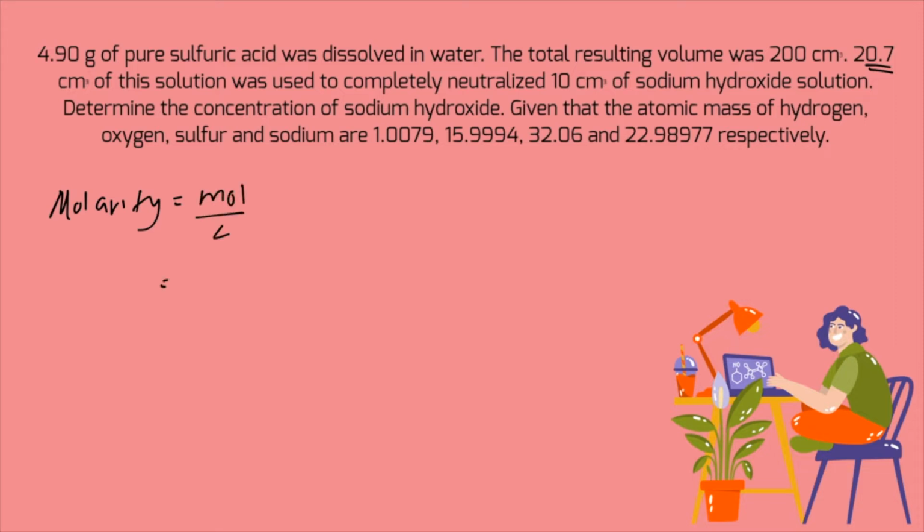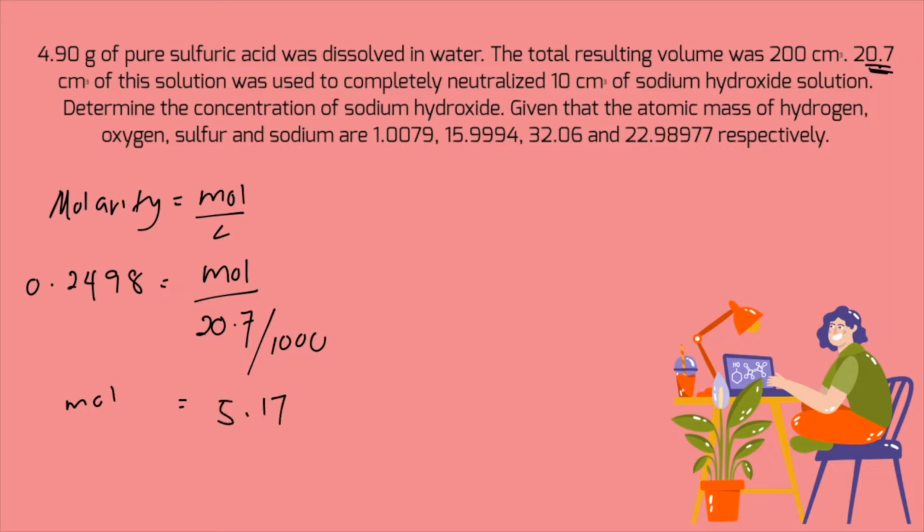So you know that the molarity is equivalent to 0.2498, and the number of mole is what we are going to calculate, and only this much, 20.7 centimeter cube. So 20.7 centimeter cube divided by 1000. So you get your mole is actually equivalent to 5.1709 times 10 to the power of negative 3. This is how much sulfuric acid is being used in this particular reaction.